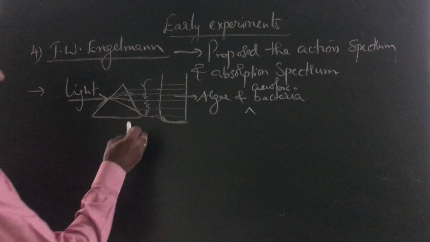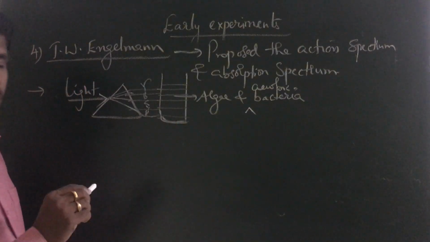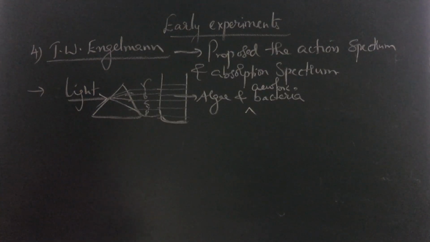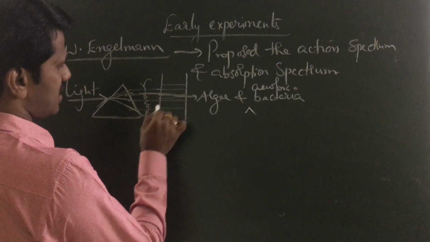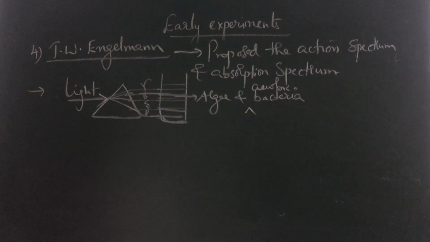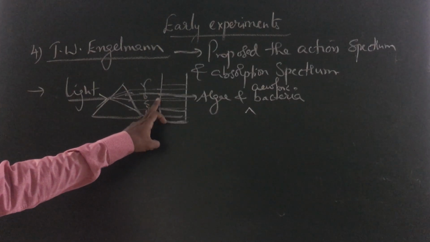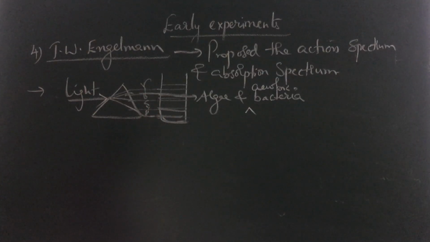Photosynthesis always occurs at blue light and red light. So wherever the blue light wavelength and red light wavelength are present, the blue wavelength is nothing but 470 to 500 nanometers, note down, whereas red is 650 to 760 nanometers.